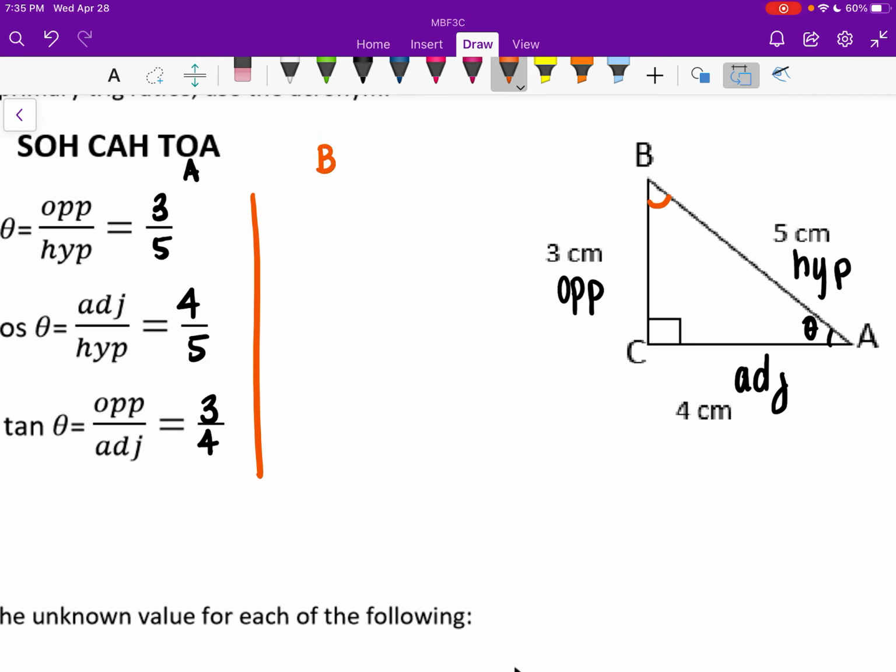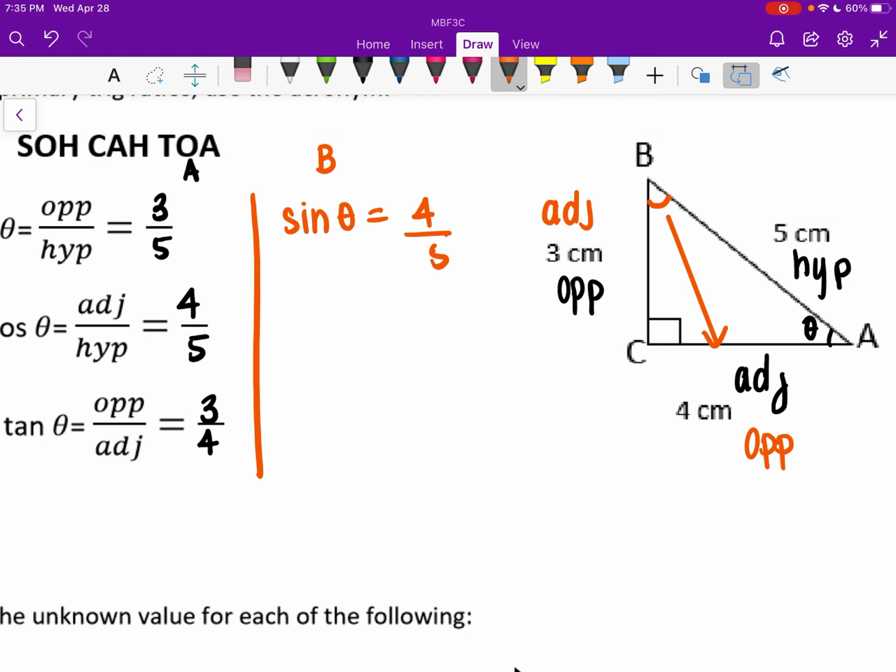If we want to find them for our B angle, we know that sine theta is equal to opposite over hypotenuse. Our opposite now changes because if you look at what's opposite, it's actually this line over here. So our opposite would be 4, right? And if we look at what's adjacent, it's actually this 3. So now our ratio is 4 over 5.